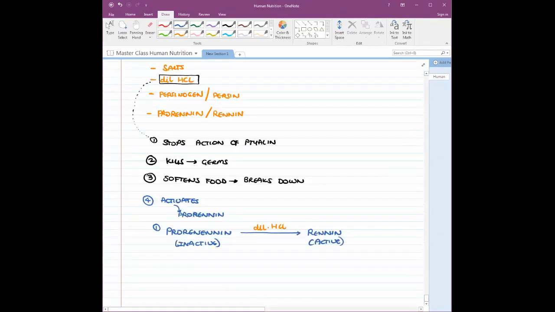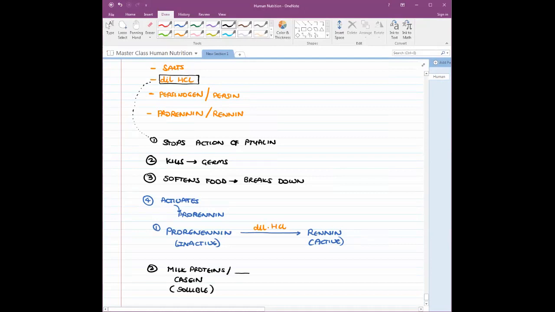But now, what is this renin going to do? This renin works on your milk proteins. These milk proteins we also call casein. Guys, these milk proteins are actually soluble in the milk.